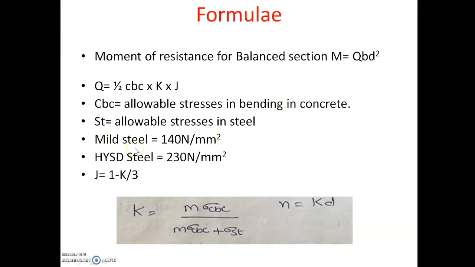For mild steel, the sigma ST value is 140 Newton per mm square, and for HYSD it is 230 Newton per mm square. J is equal to 1 minus K by 3, and K is equal to m sigma CBC by m sigma CBC plus sigma ST. In this case, K is the neutral axis factor.